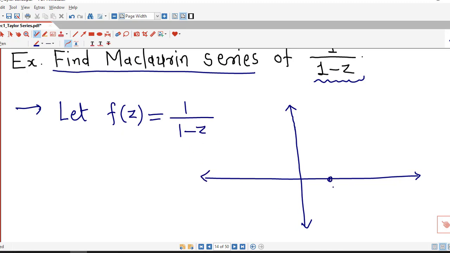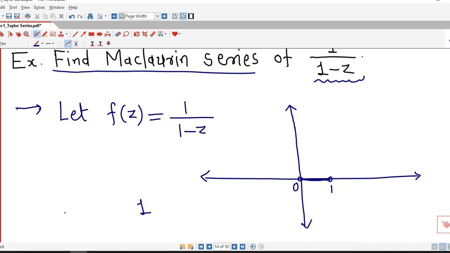The center of this series is 0. Now this function is not analytic at z equal to 1 only. So the distance between 0 and 1, that is, the distance between the center and the point at which the function is not analytic, is 1.